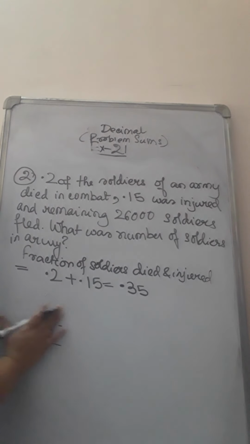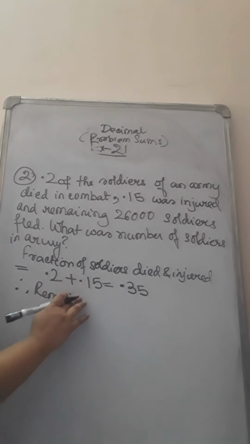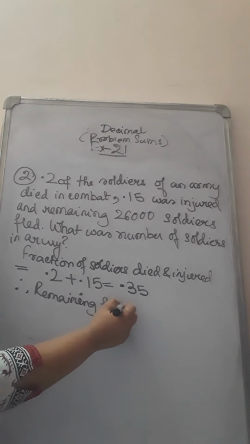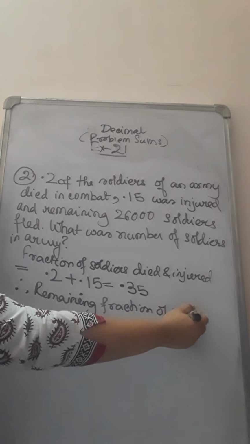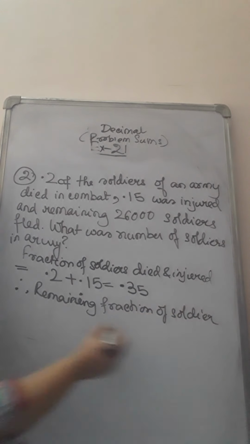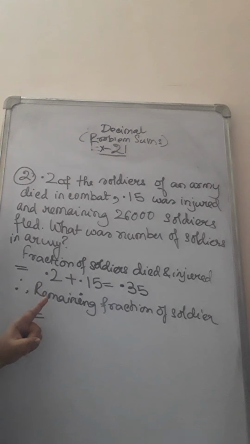Then first we have to find the fraction of soldiers left. Therefore, remaining fraction of soldiers. I told you that the decimal total is 1. Suppose the total army is known as 1 army.